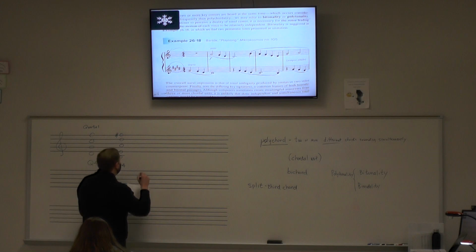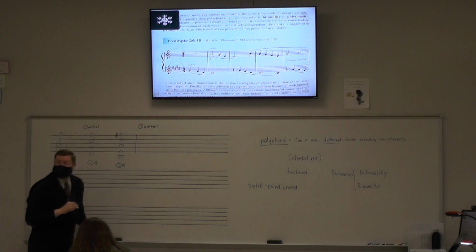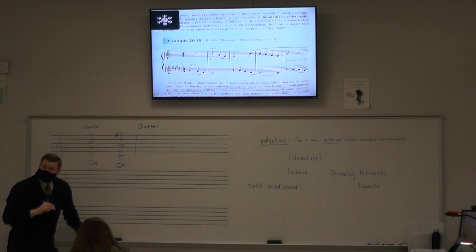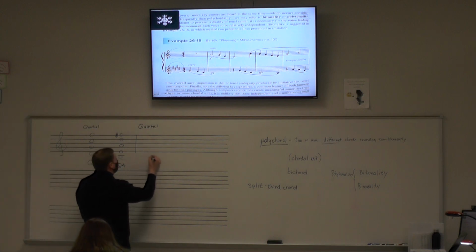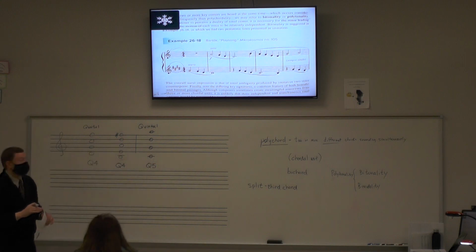Okay, let's go to quintal chords. Those are chords built out of stacked perfect fifths. They sound just a little different. For instance, C up to G, up to D, up to A. That is a quintal chord, and its analysis symbol is Q5.